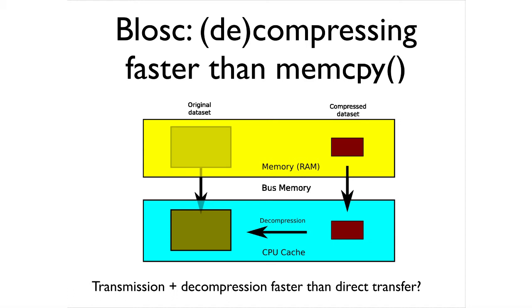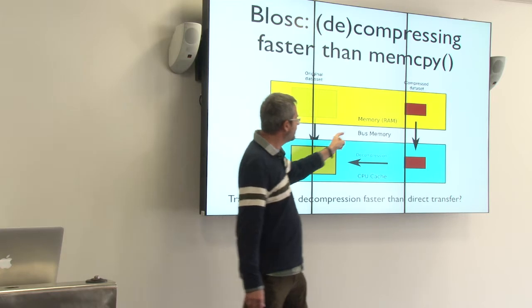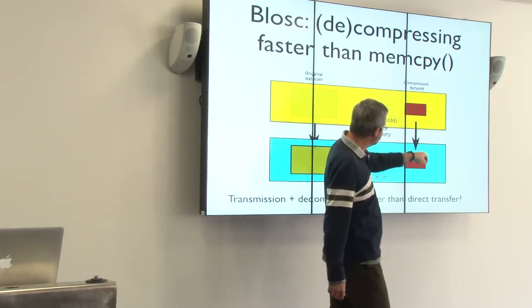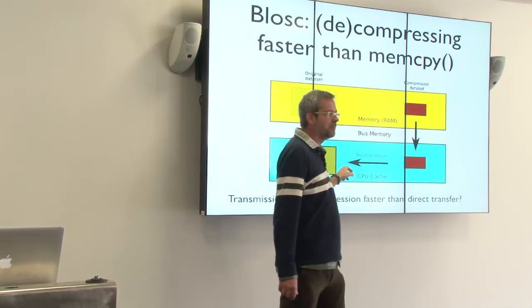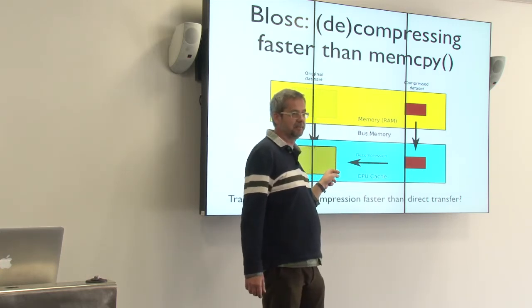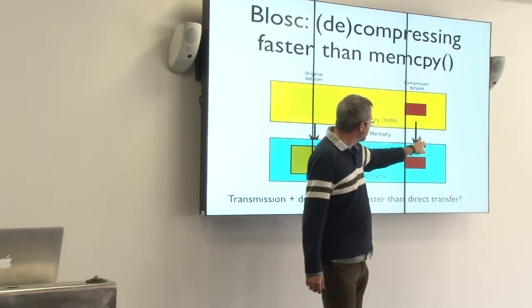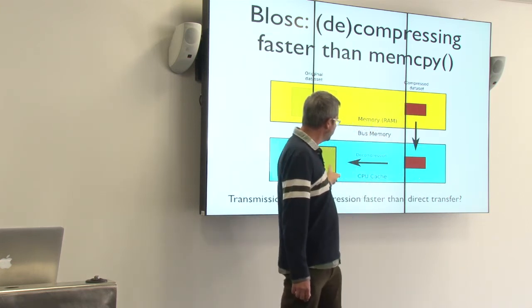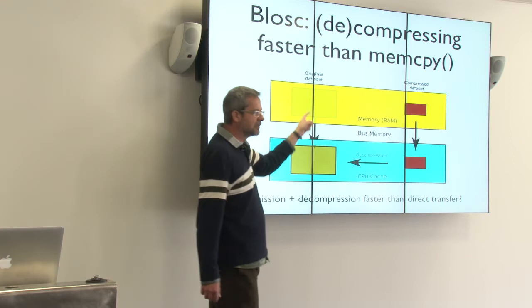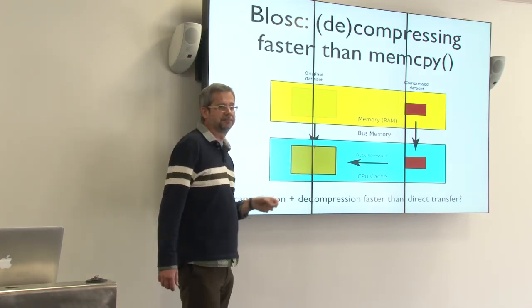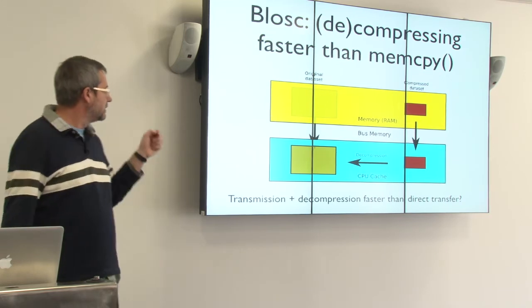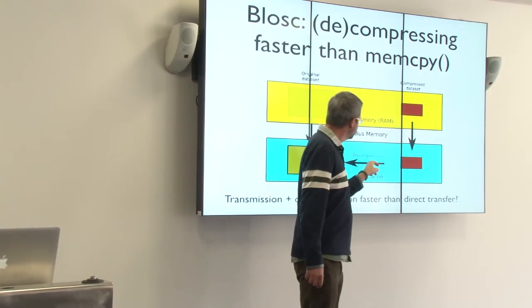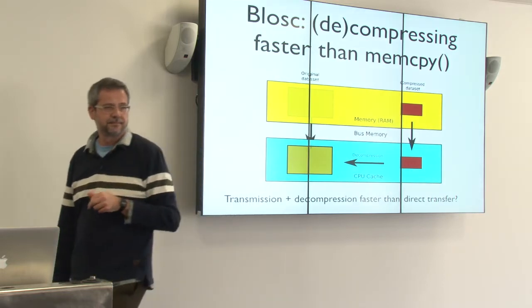For example, if we have our datasets in memory, instead of having the dataset uncompressed in memory and transferring it to the caches, why not keep the dataset compressed in memory, transmit it to the cache and decompress it there, which is way faster? In particular, the sum of the time it takes to transmit the compressed block into the cache and decompress it can be smaller than the time to transfer the uncompressed data. So the goal of Blosc is to make these two times add up to less than this time.